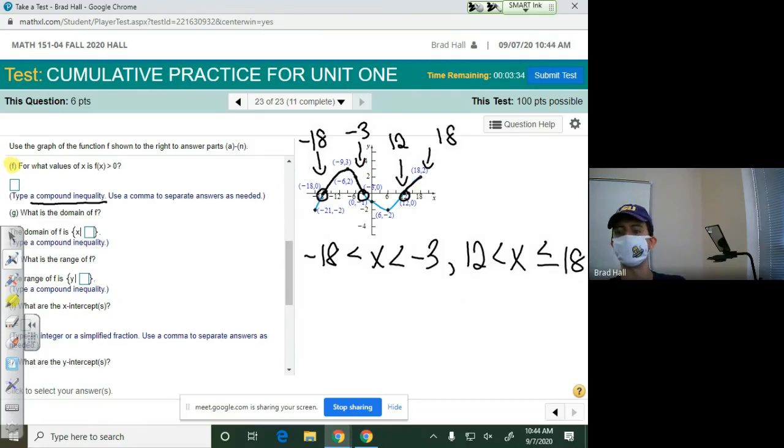We include 18 because I do not have an open circle next to it. I didn't need to. It wasn't intersecting the x-axis. The 18 is all strung up here by itself, which means it would be included. So that's why the 18 gets an equal to component, but the rest of them do not, simply because that 18 is not on the x-axis.